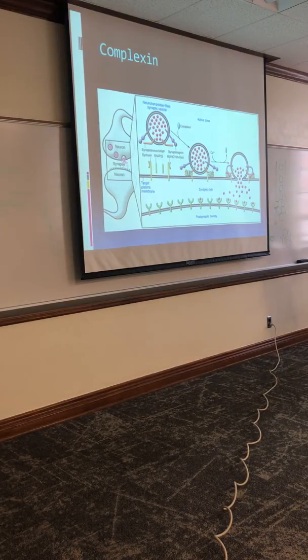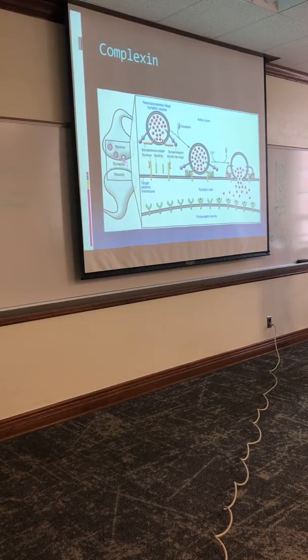I know this is asking you to remember like a week and a half ago, but Dr. Etheridge talked about in the beginning that we knew that calcium was important for triggering neurotransmitter release, but we weren't really sure how. What she mentioned was that if you add calcium to a system like this, you're going to see release of neurotransmitter within 1 to 2 milliseconds, right? That is really, really fast.